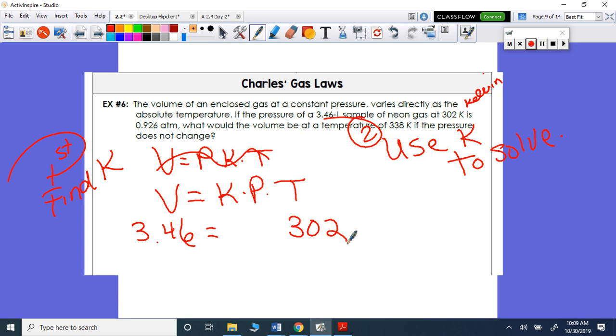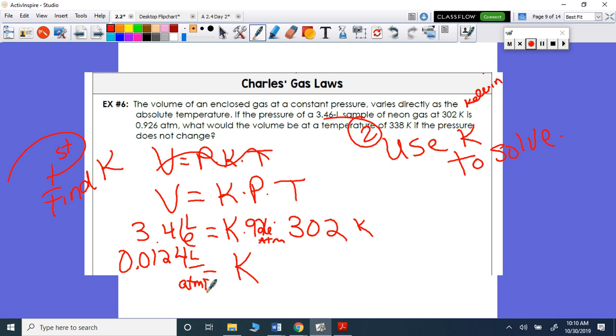I know liters and K. And the pressure is 0.926. And I'm going to put the units. And remember, these 2 Ks are different. When I solve for my constant of variation, I know you all can work your calculators, you end up with 0.0124 liters over the pressure and Kelvin.